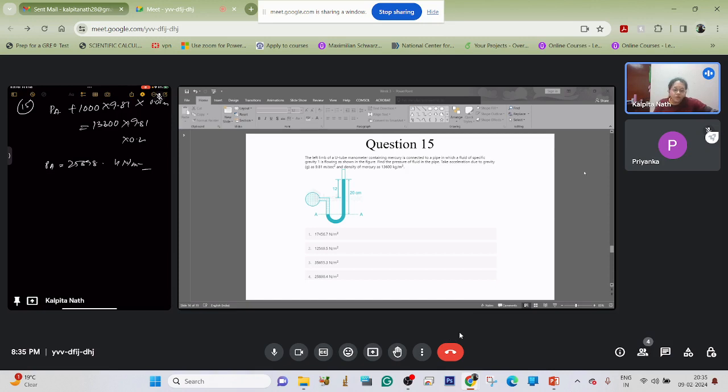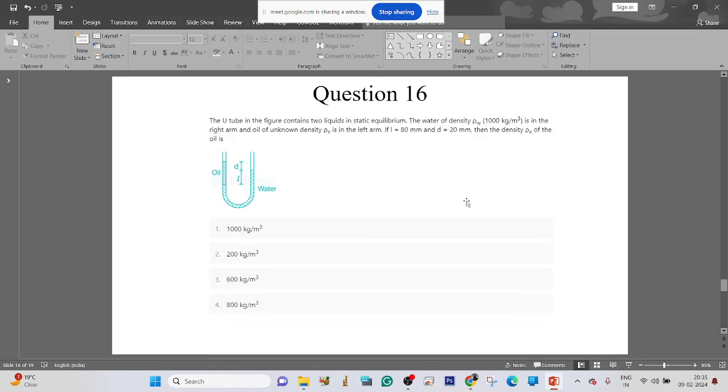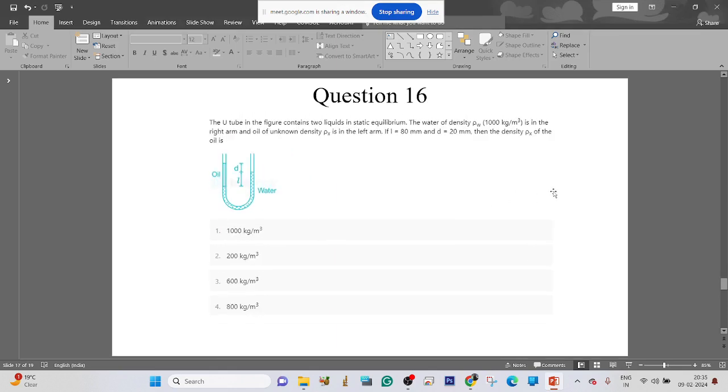Okay, so we have three more questions left. Rather simple questions. Question number 16. The U-tube in the figure contains two liquids in static equilibrium. The water of density 1000 is in the right arm and oil of unknown density in the left arm. L is 80 and D is 20. Find the density of oil.